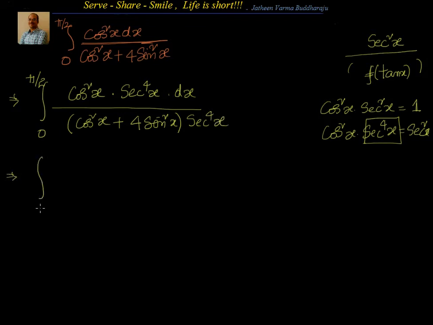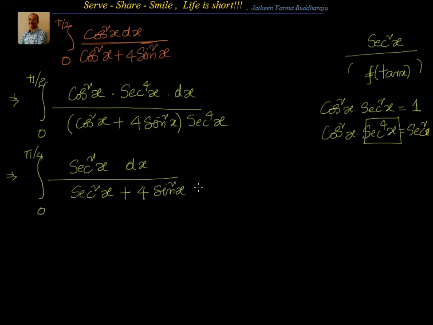We will have 0 to pi by 2, cos square x into secant to the power of 4x dx. We already know that's nothing but equal to secant square x dx divided by cos square x into secant to the power of 4x, which we know is secant square x, plus 4 sin square x into secant to the power of 4x. We'll try to simplify this.